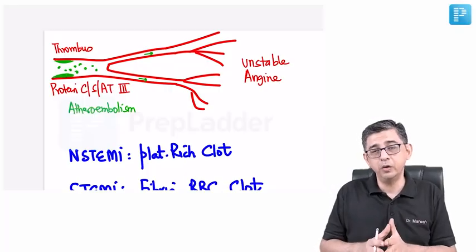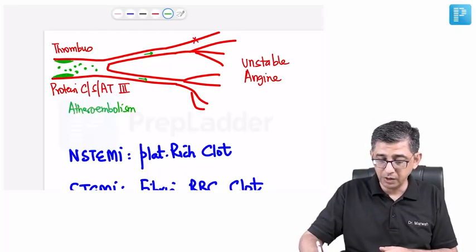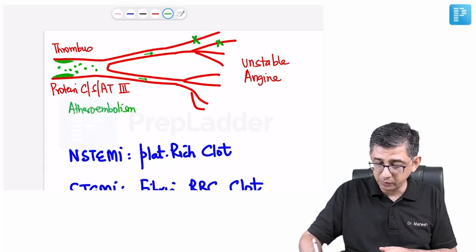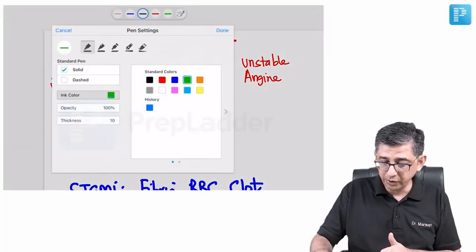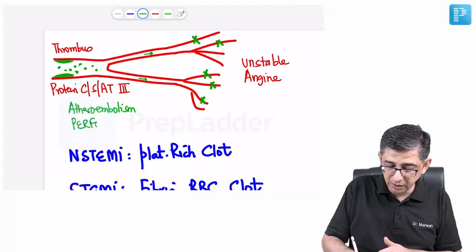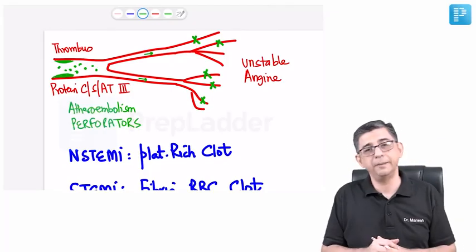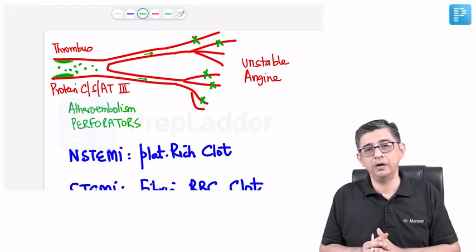And if the clots break into pieces, then these clots will go and block these small branches, these perforators, which I have now shown here before you. So every time you read the word unstable angina, your thought process should be that the thrombus did get formed in the artery, but it is not causing a complete occlusion of the artery.